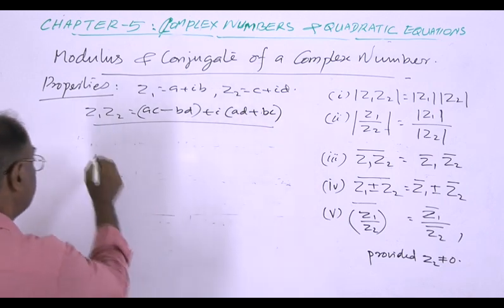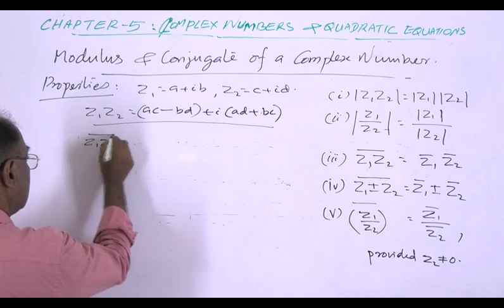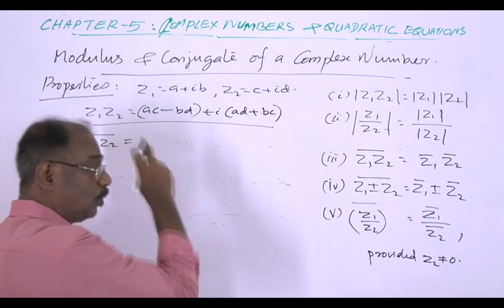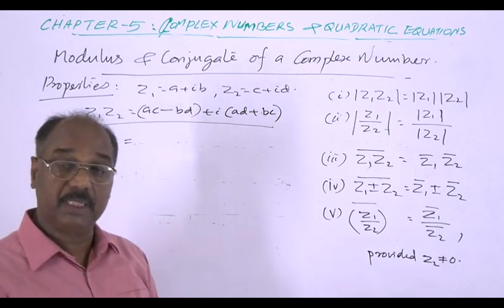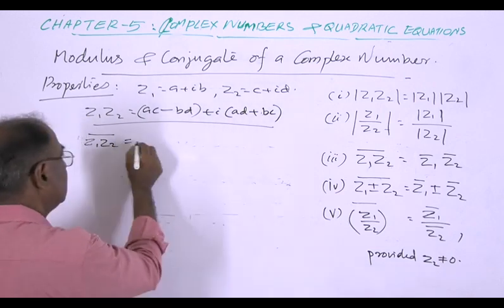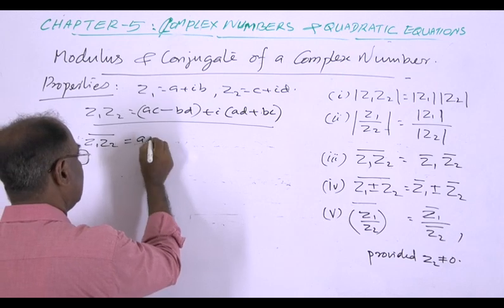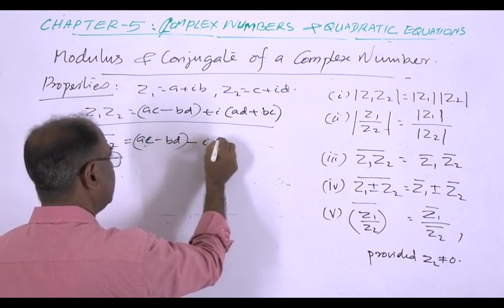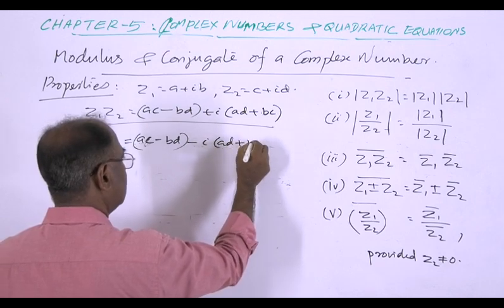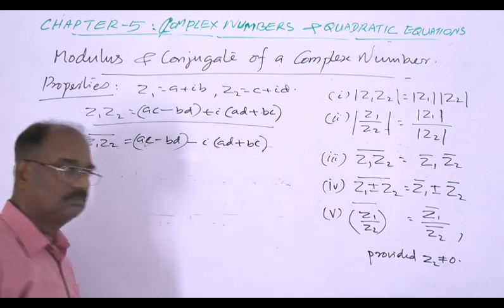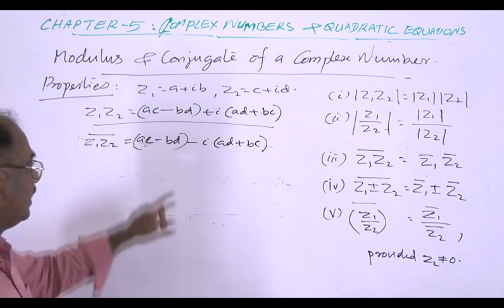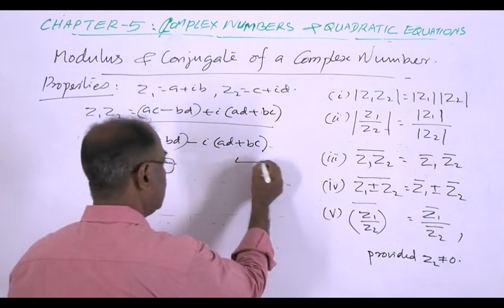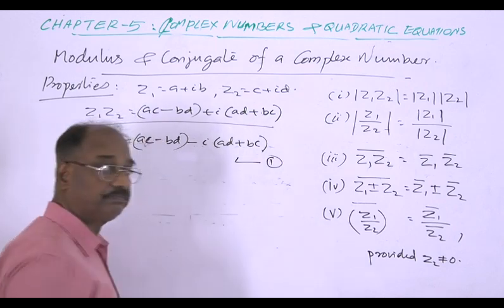And therefore the conjugate of Z1 Z2, keeping in mind that the conjugate of A plus IB is A minus IB, is AC minus BD minus I into AD plus BC. So this is the conjugate of Z1 into Z2, equation 1.